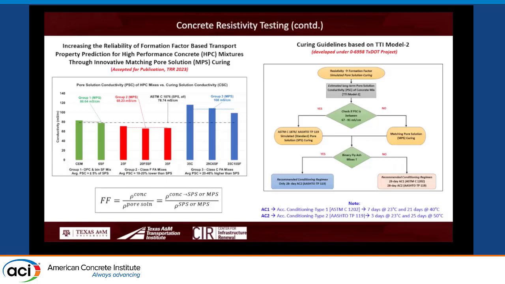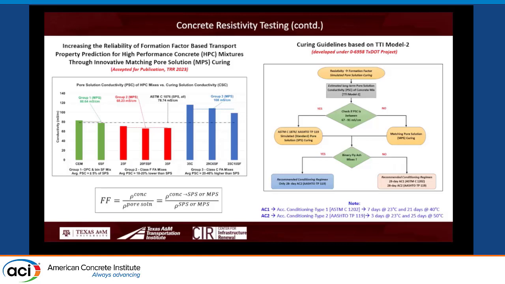If this is not satisfied, you have to do matching pore solution curing. Just do that. This improves the reliability of formation factor. And you see the beauty, I have a slide. Now I can use formation factor to evaluate the performance indicator. Beautiful, nice way. Okay? So this is the situation.